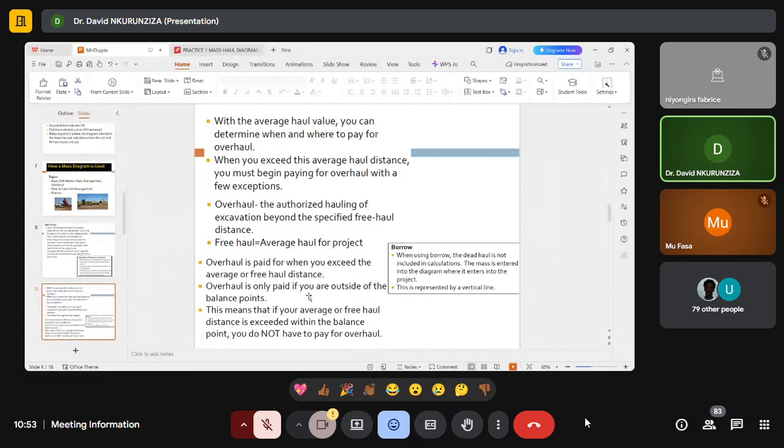Overhaul is paid for when you exceed the average or free haul. This means that if your average or free haul distance is not exceeded within the balance points, you do not have to pay for overhaul.